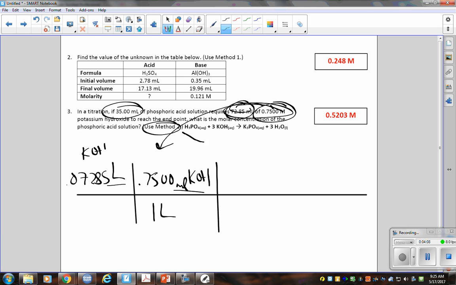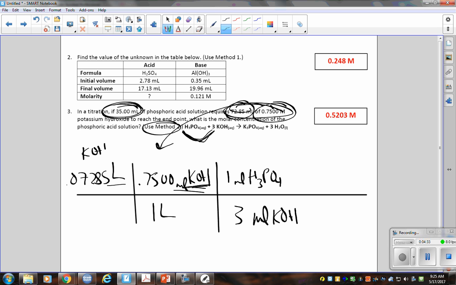My ratio is right there. It's a 1-to-3 ratio. Moles of KOH is up here, so moles of KOH has to go down here: 3 moles of KOH is equal to 1 mole of H3PO4. At that point, I'm going to stop and just run the grid. The last thing I have to do to get the molarity of the other one is run this and see what it comes out to be.